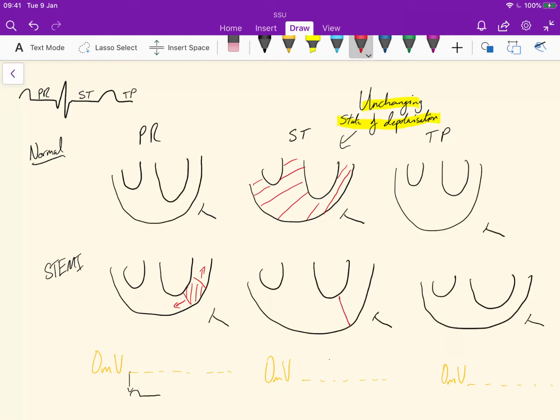And just like with the NSTEMI, when the ventricle is completely depolarized and remains depolarized in the ST segment, that ischemic area can no longer depolarize the surrounding tissue because it's already depolarized.